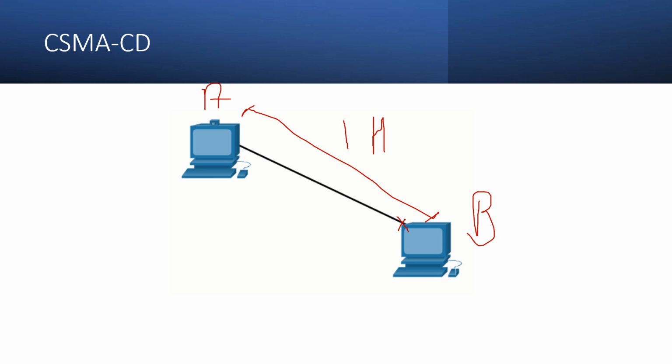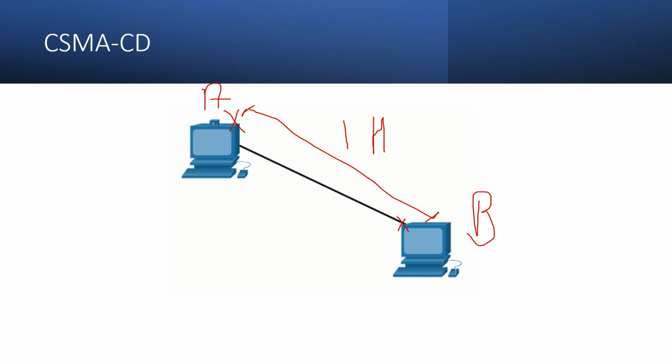It took 1 hour to reach here and get collided, and this collision signal will be received by A after 2 hours. That is, if host A transmitted data at 12 o'clock, it will receive the collision response at 2 o'clock.